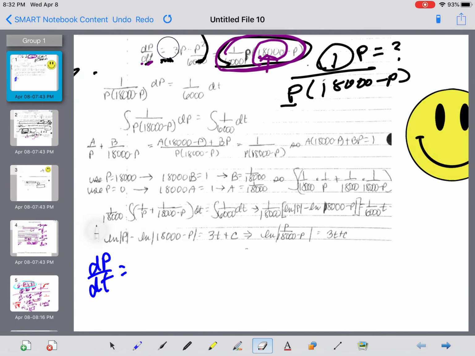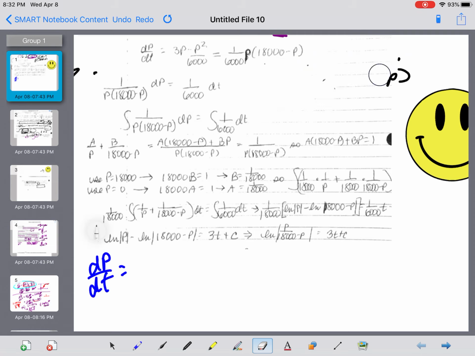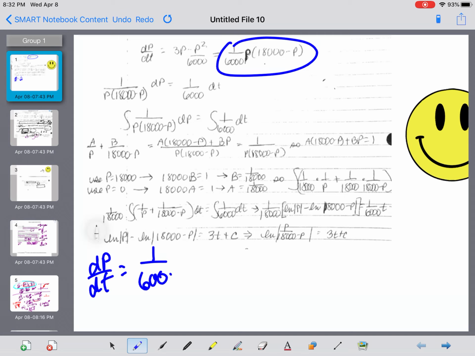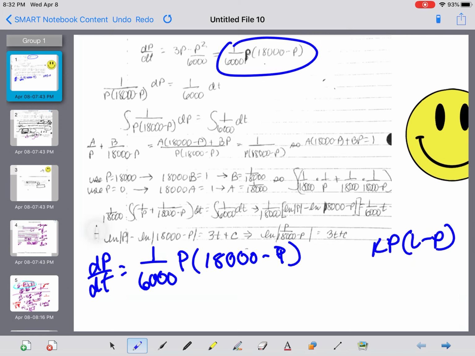Here it is. You want to definitely get your dP/dt into this form. We've gotten it into this form every time we're given one. You're lucky, many times they give it to you on a silver platter in this form: kP times (L minus P).